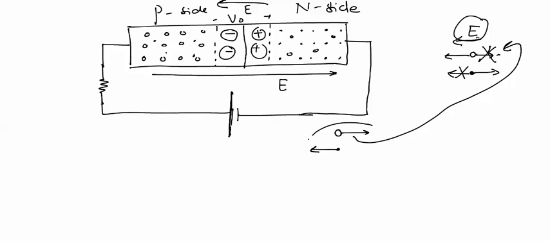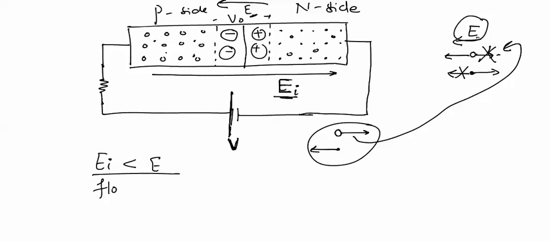So first, the supply voltage should be that much stronger. The supply voltage should make this electric field stronger than the junction electric field, so that the flow of charge carriers can start. When the applied electric field E_I is less than E, the flow of majority carriers will not be allowed.